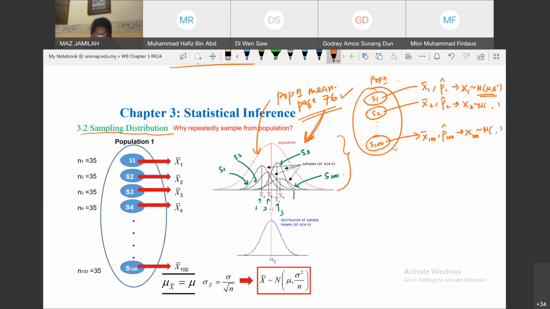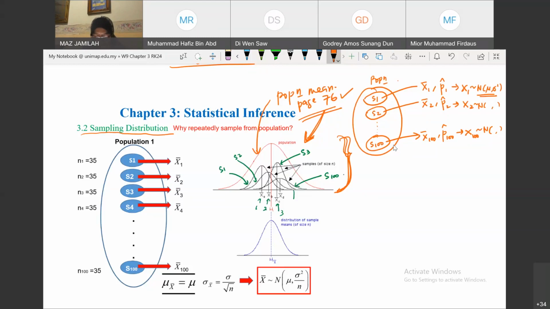Having said that, statisticians came up with a procedure. When you do sampling, if you wish to do statistical inference, you collect your data once only. You are not going to sample several times, knowing that it follows this understanding.